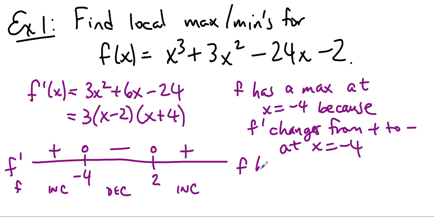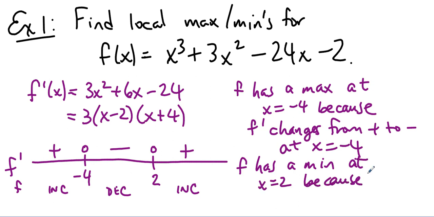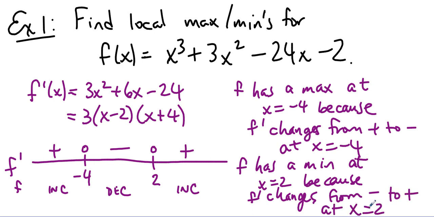And similarly, f has a min, a local min, at x equals 2 because, and we're going to give a calculus reason here, f prime changes from negative to positive at x equals 2.